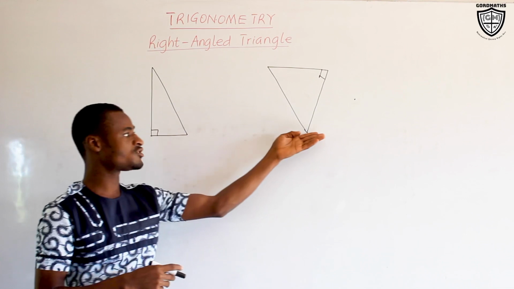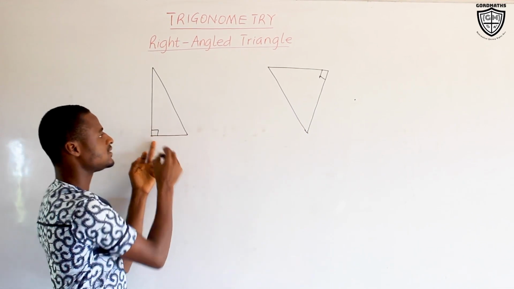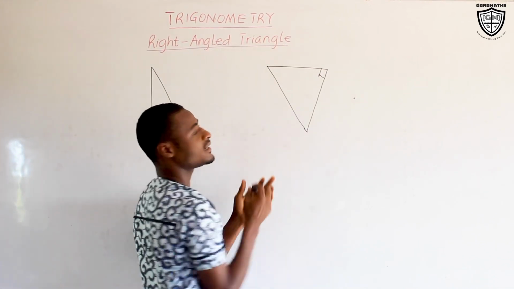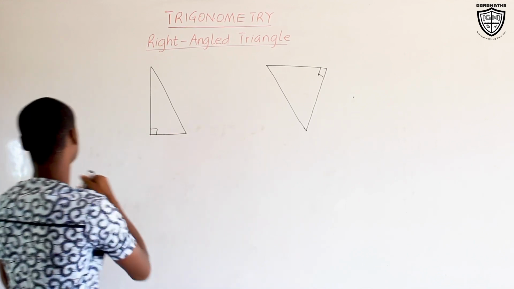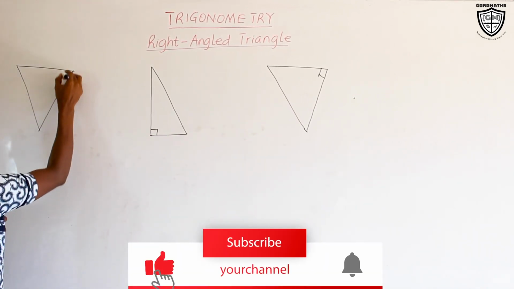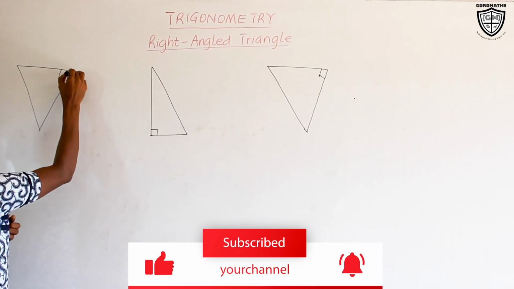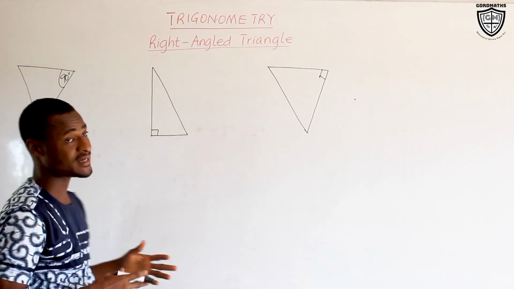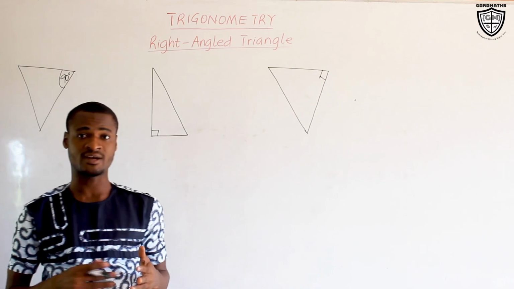So in these two triangles, we have 90 degrees and then we have 90 degrees. It may also be represented as 90 degrees. Then we know that that triangle is a right-angled triangle.